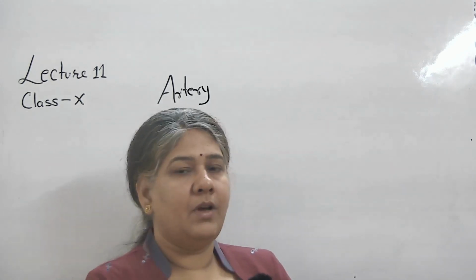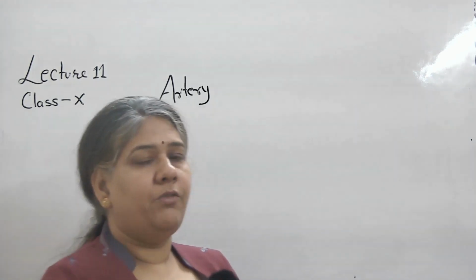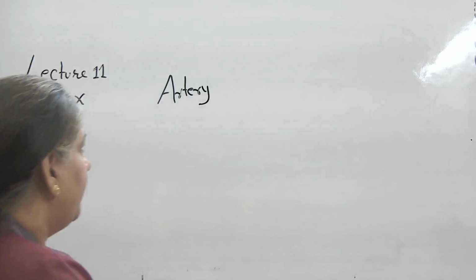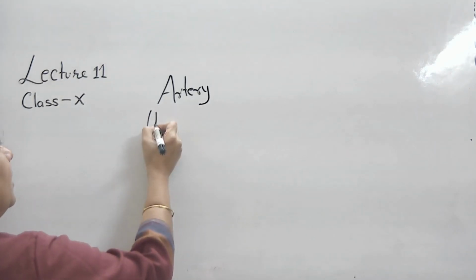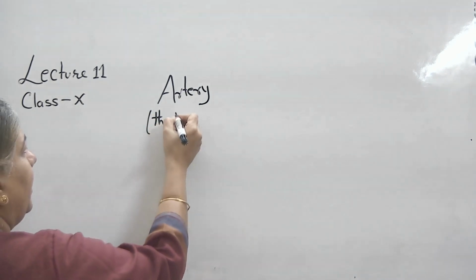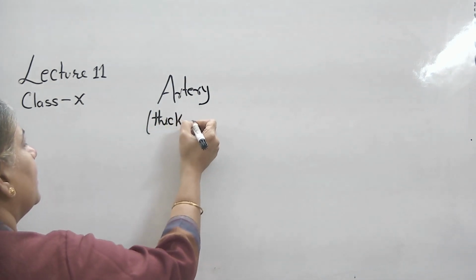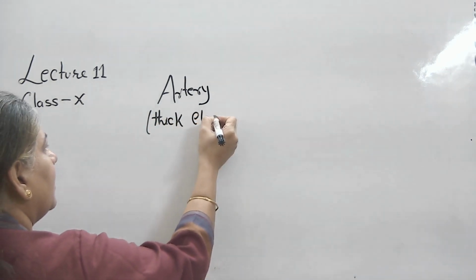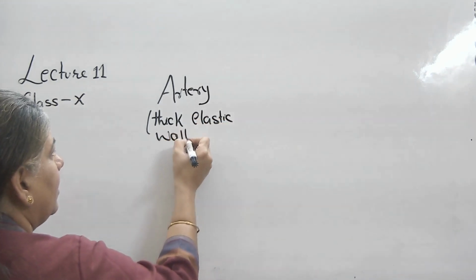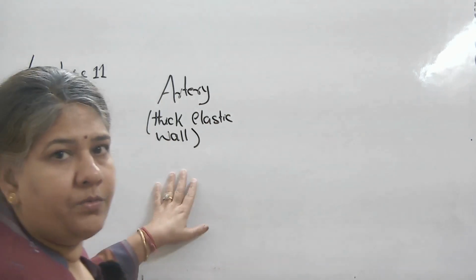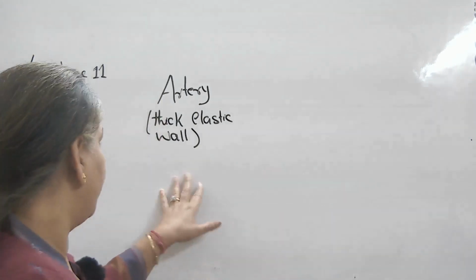So blood is coming from the heart, that means blood will be under high pressure. So the walls are very thick to be at the high pressure. So they have thick elastic wall to bear high pressure of the blood coming from the heart.